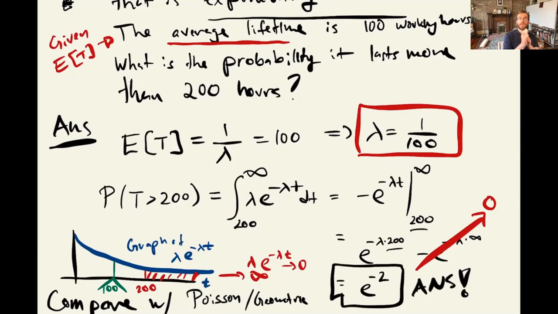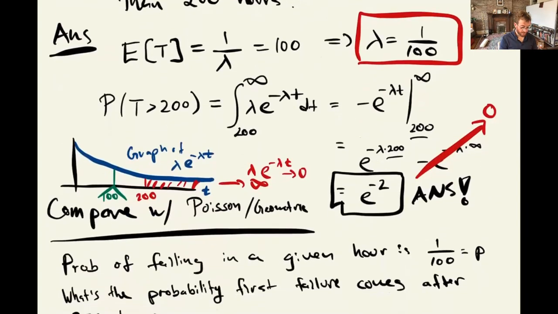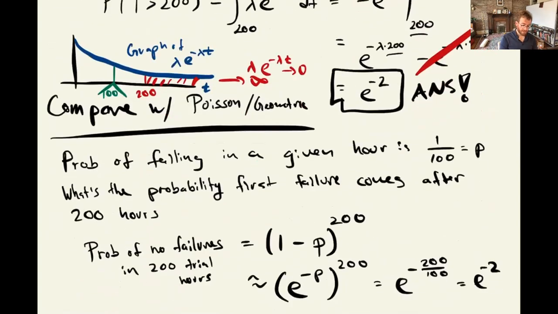But let's take a second to reflect on where else this number might come from. Remember, if you want to really ballpark something, you could say, my light bulb's average lifetime is 100 hours. So I can also think of this as a process where I'm chunking into hours, and every hour I'm just asking, does it fail or not?